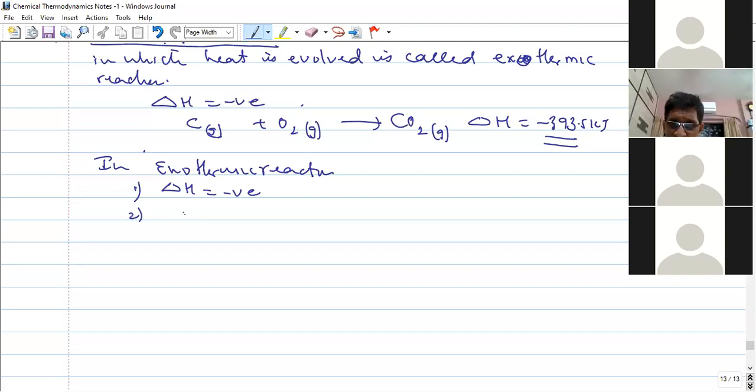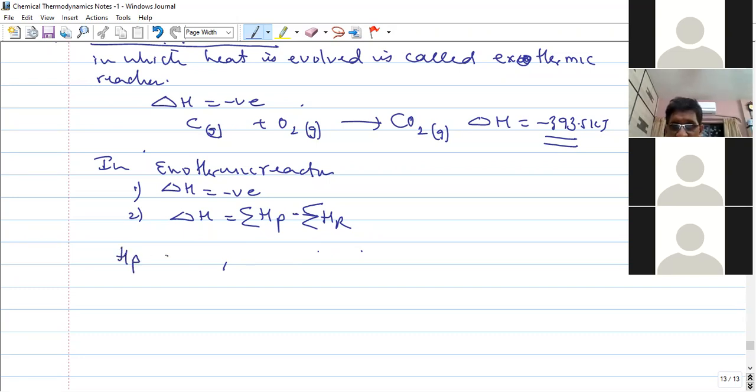We know that delta H is equal to HP minus HR. हाँ सर. What is HP? Summation of enthalpy of product. माइनस. तो नेगेटिव इसका मतलब क्या है?